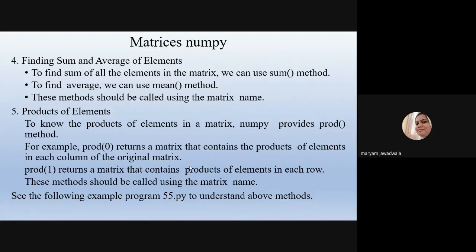So column-wise product is the result of product with 0 in the brackets. And suppose instead of 0 I write 1. Then product 1 returns a matrix that contains the product of elements in each row. So the row-wise product is performed using product 1 and the column-wise product using product 0.